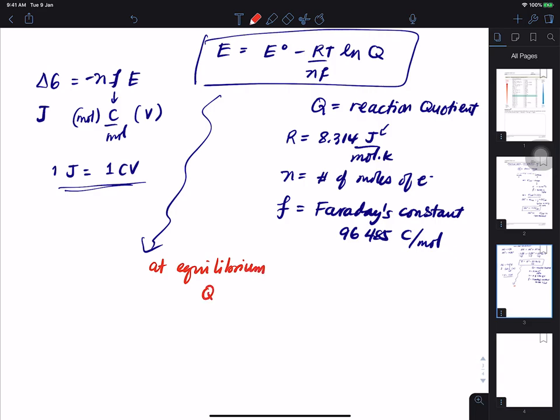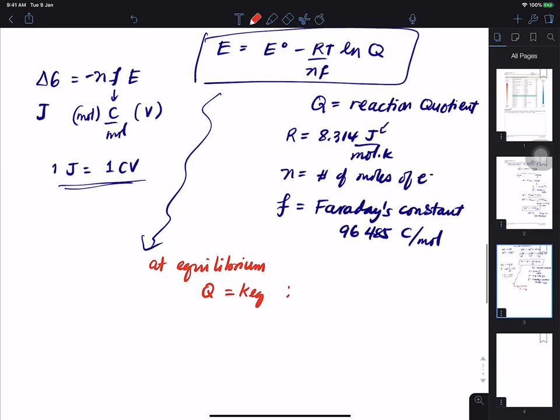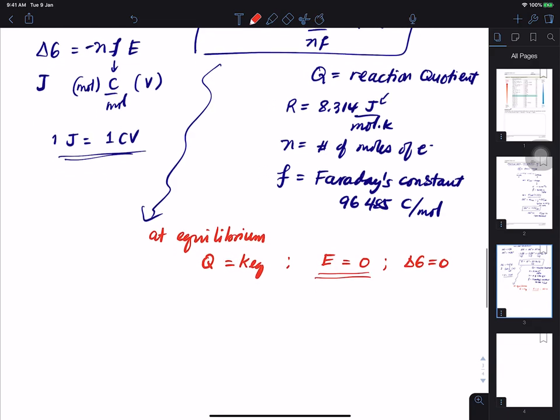At equilibrium, our Q becomes our KQ, and as such our cell registers 0 volts, in as much as our delta G becomes 0 the same way. So when your cell potential becomes 0, your battery is dead, so it's already in equilibrium.